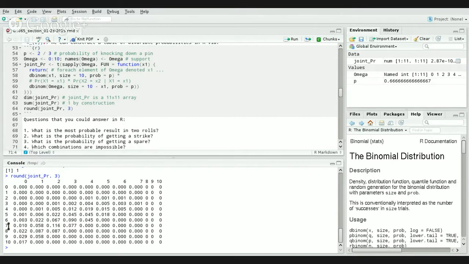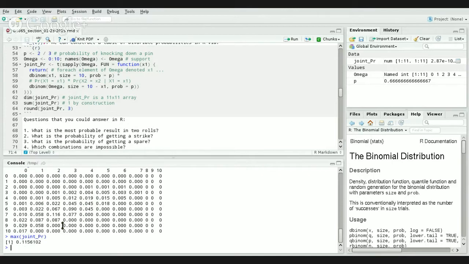That is knocking down 7 pins on your first try and 2 pins on your second try, which has a probability of about 0.116, which is higher than any other possibility, although it's still not that large in absolute terms. We could get that programmatically by doing max of joint PR, which tells us this element.